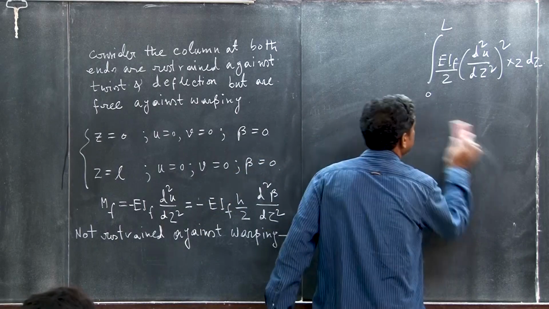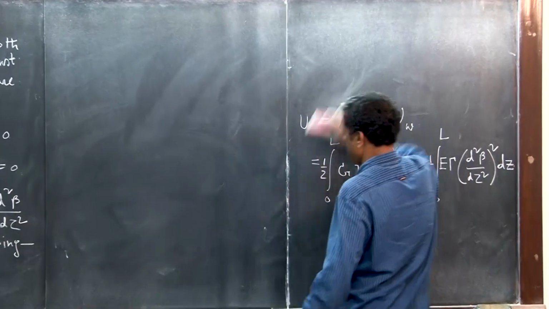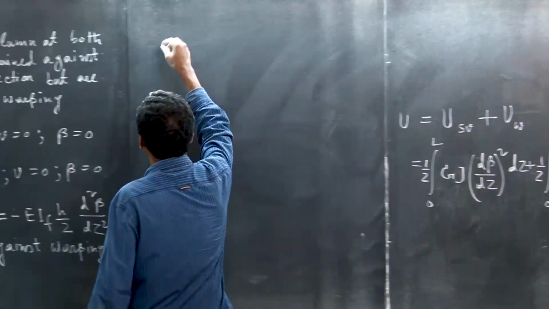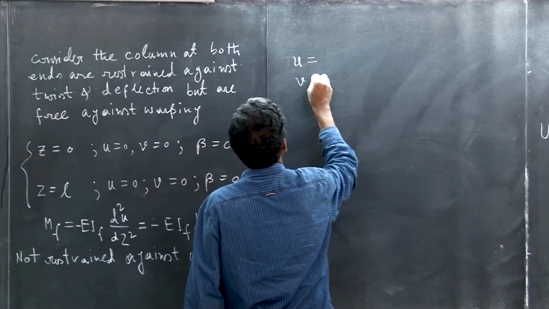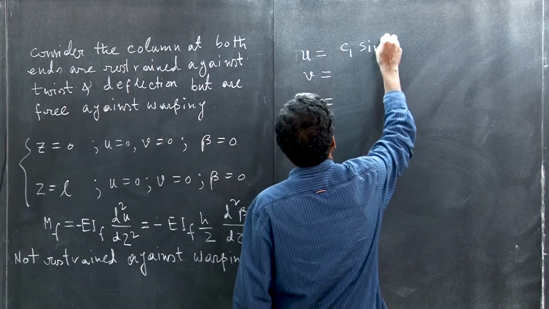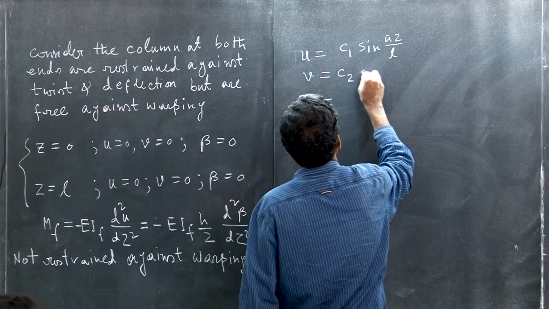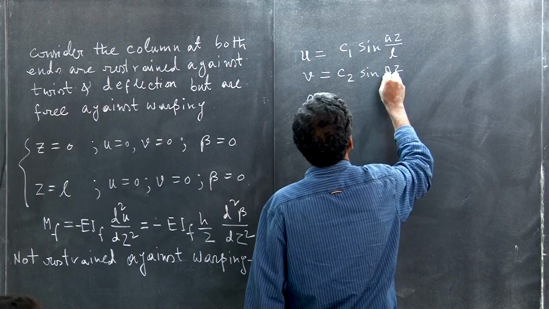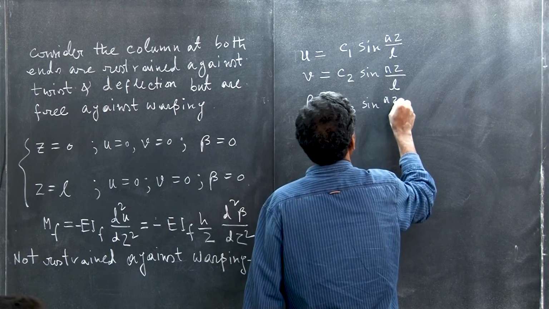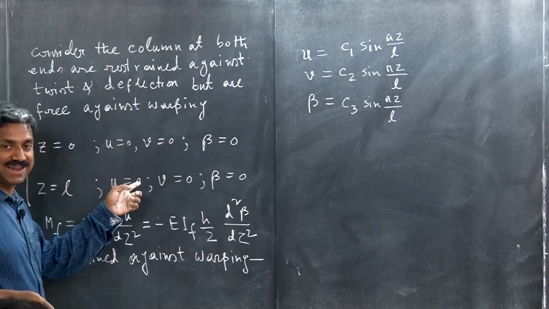When we are assuming that, we can assume u, v and β as C1 sin(πz/L), C2 sin(πz/L), C3 sin(πz/L), because these all satisfy that, right?